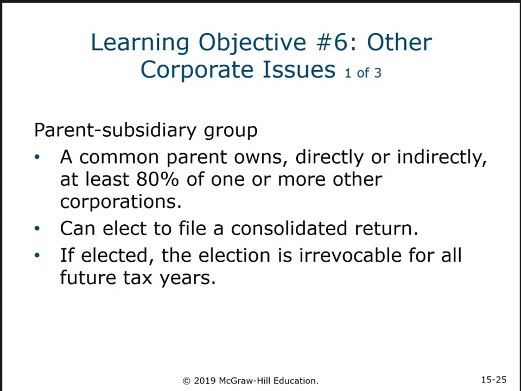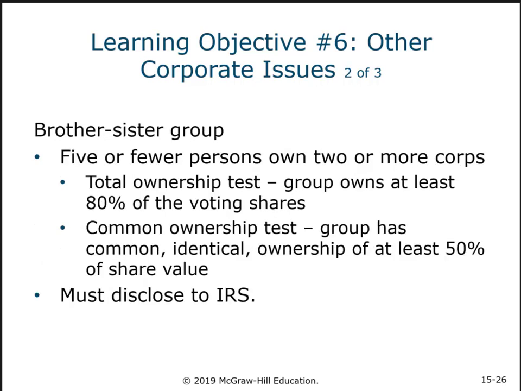If the parent owns 80% or more, they can just file one return and put everybody together, making everybody's life a little easier in that there's only one tax return to process rather than 3 or 4. And then there's the brother-sister group, where a group owns at least 80% of the voting shares.